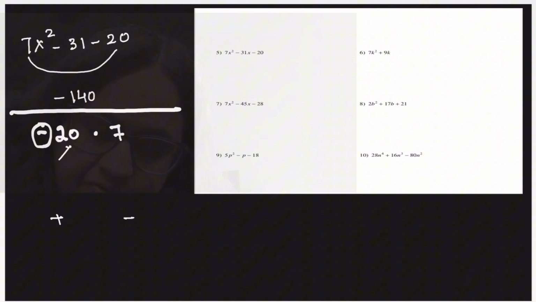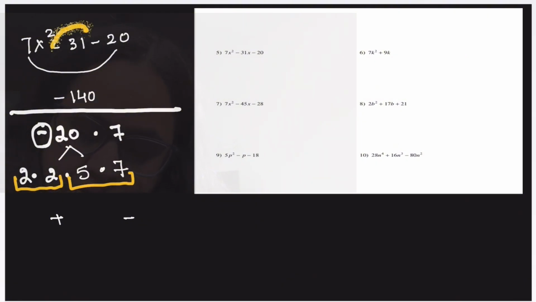So let's go ahead and find the factors of 20. So I can say 20 is 2 times 10, or 2 times 2 times 5, times 7. Now what should I do? I should find the group of numbers, the factors, that add up to give me negative 31.